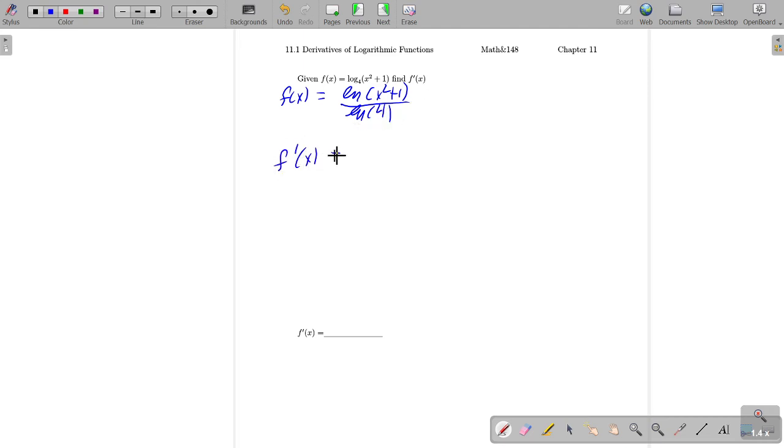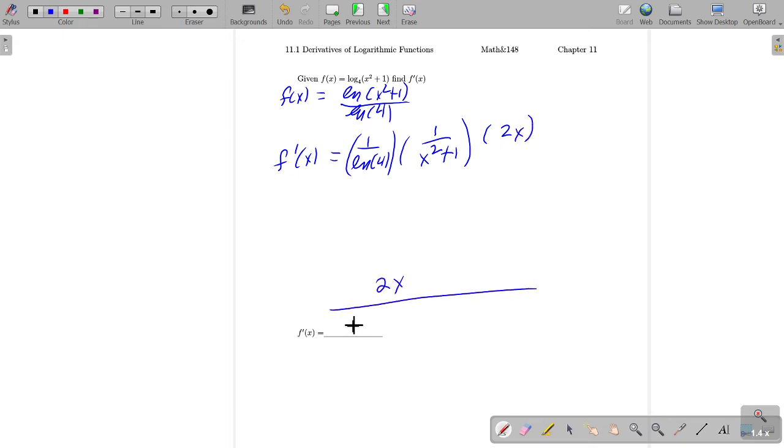So f prime of x is 1 over the natural log of 4 times the derivative of the natural log of x squared plus 1, so that's 1 over x squared plus 1. Chain rule says 2x. So we'd end up having 2x over the natural log of 4 times x squared plus 1.